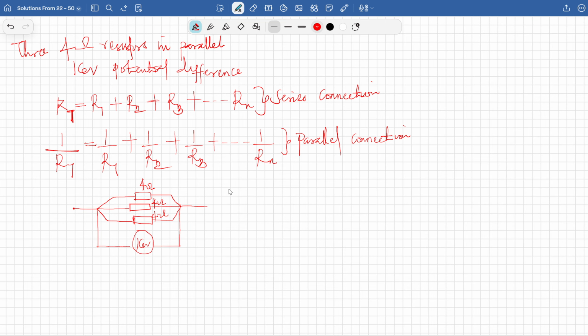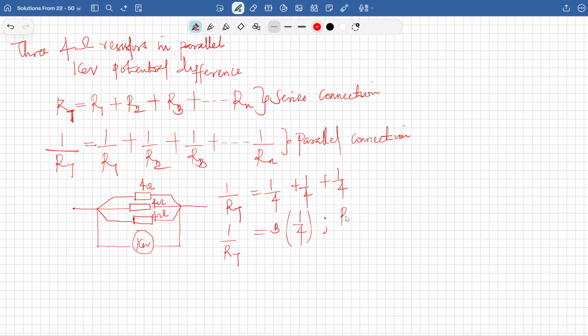So how do we sum up these resistors in parallel? We say 1 over R total equals the inverse of each of them: 1 over 4 plus 1 over 4 plus 1 over 4. There are 3 of them, so 3 times 1 over 4 is my 1 over R total.